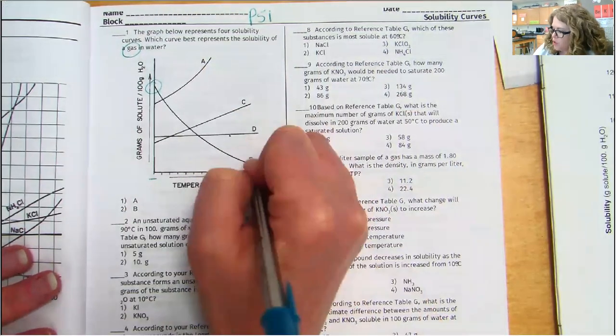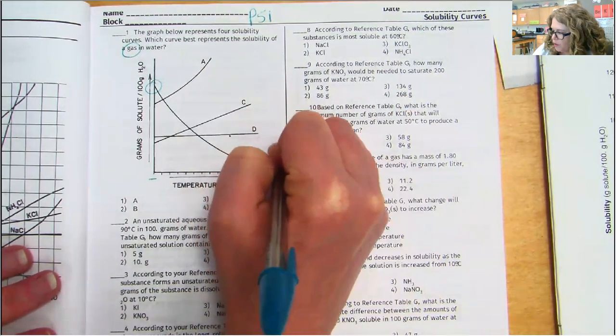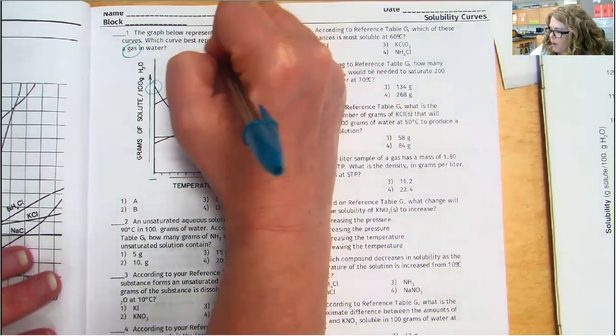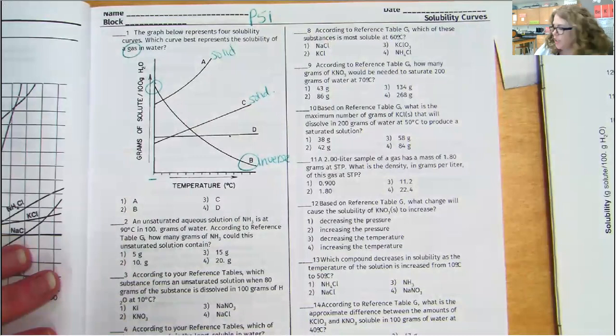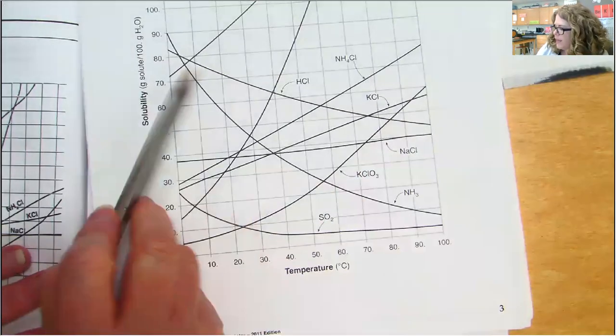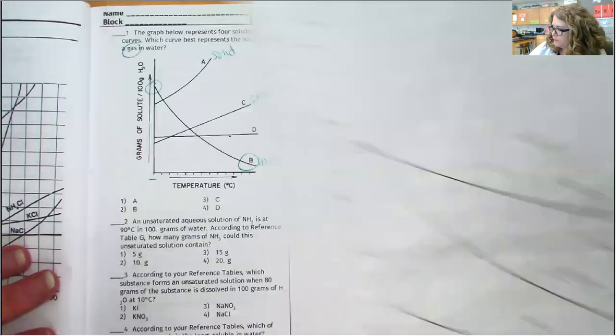So that's why it's going to be choice B. It's an inverse relationship that we're looking for with a gas. A solid would have a direct relationship. This is like on table G. We look at table G in your reference tables, right? The 3 gases are the ones that are the inverse relationships.